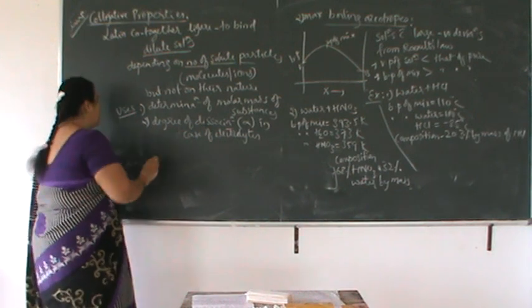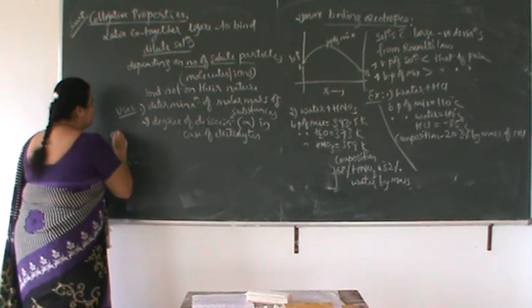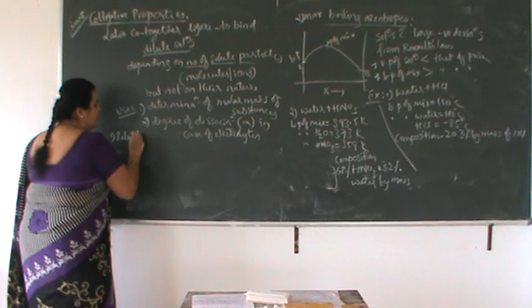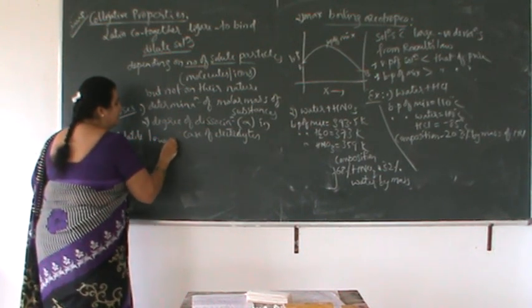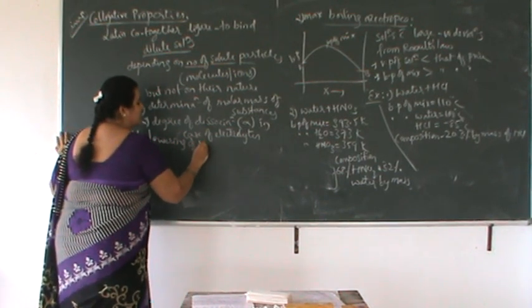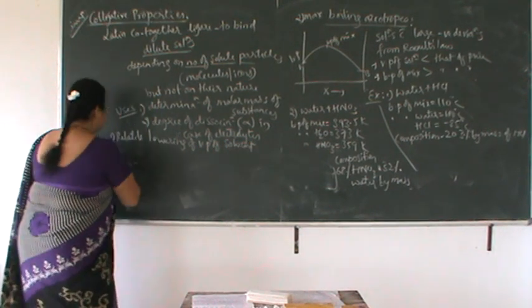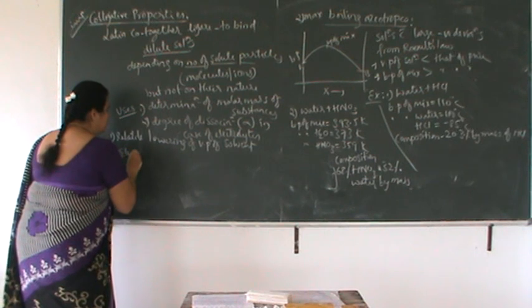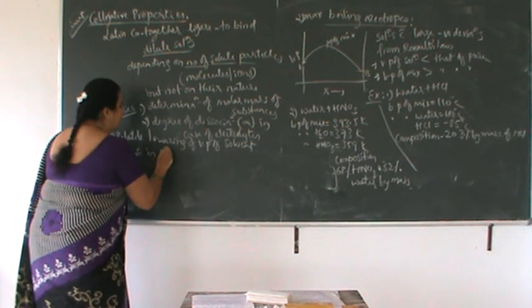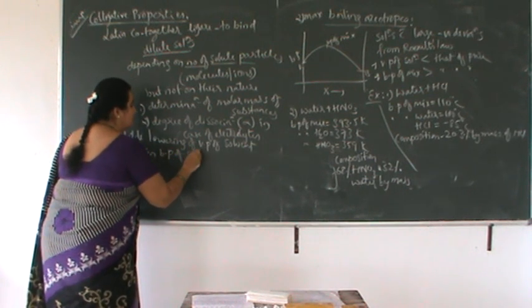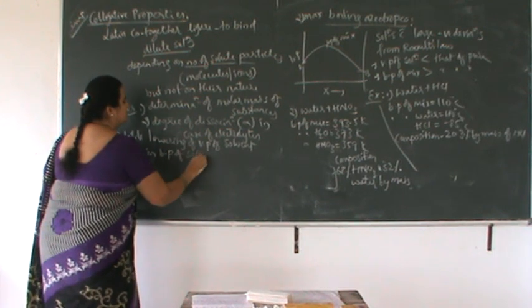There are totally 4 colligative properties. First one, relative lowering of vapor pressure of solvent. Second one, elevation in boiling point of solution or solvent.